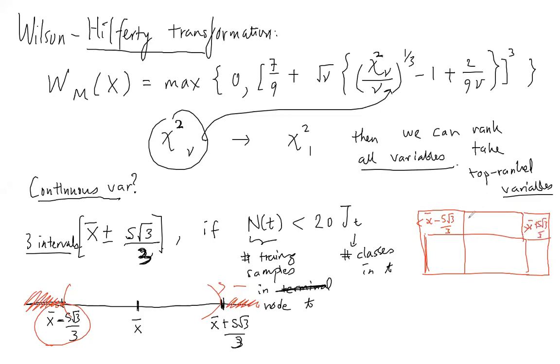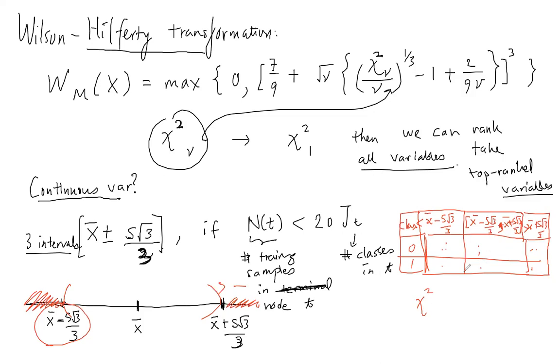The other one is in between. So you got 3 intervals, and here is your class, say 0, 1. You see how they are distributed in this contingency table.